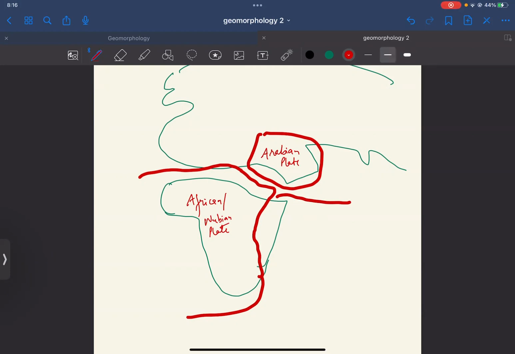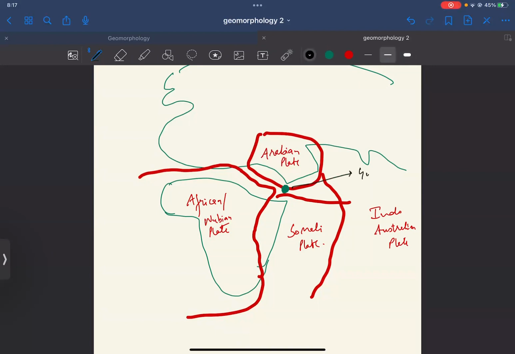This is the broken part of the East African plate, known as the Somali plate. Then this will be the Indo-Australian plate. Now see, we have the Arabian Peninsula and African Peninsula, so there is a gulf between them.